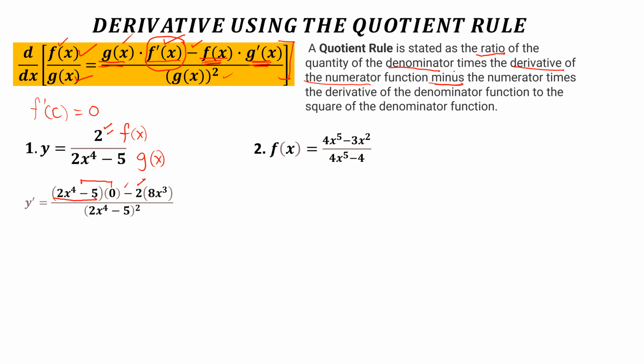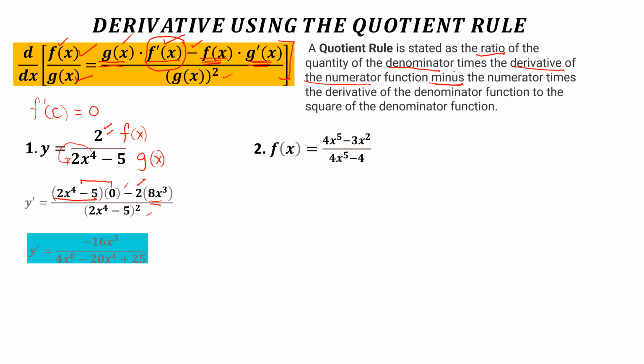The denominator is g of x, and thus our 2x to the 4 minus 5 is our second function, or the denominator, in which its derivative is 8x to the power of 3. And then the denominator is 2x to the 4 minus 5 quantity squared.